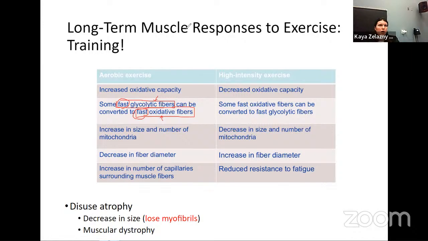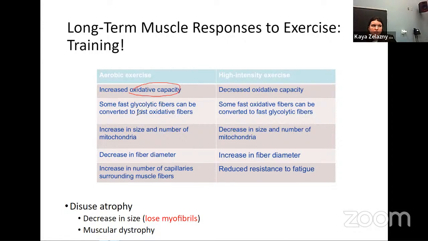Okay, so recapping, aerobic exercise, you're using oxygen, you're breathing a bunch, you're trying to do oxidative phosphorylation, to have lots and lots of ATP for this sort of long-term exercise. So you're going to increase oxidative capacity.